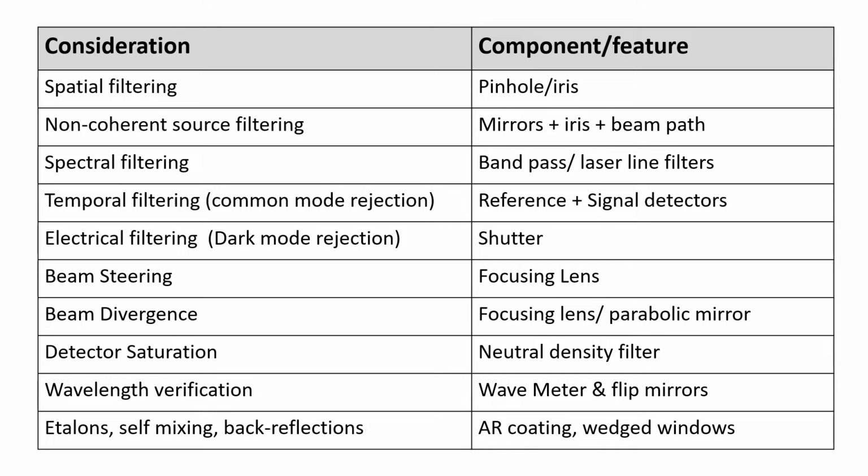Finally, an etalon is a component with two reflecting surfaces, which causes small interference between the light reflected off the front and back plates. Any glass optic with any thickness may produce unwanted etalon effects, including reflection of the light back into the laser and a self-mixing effect. This can be corrected for using anti-reflective coating, wedged windows, and even some slight intentional misalignment.